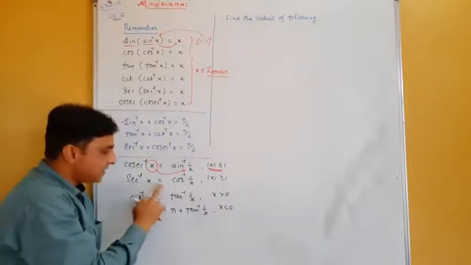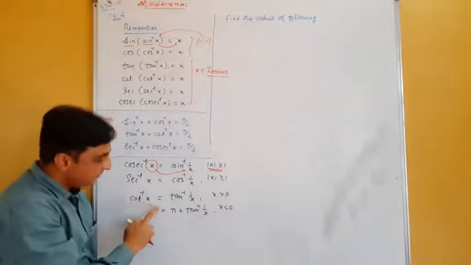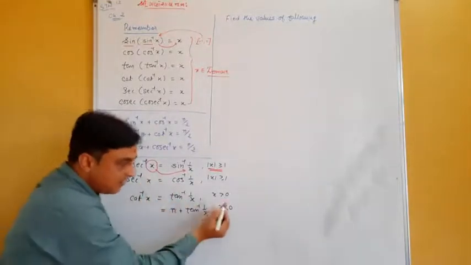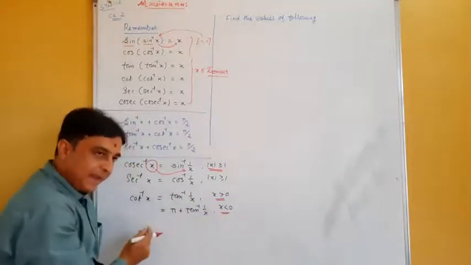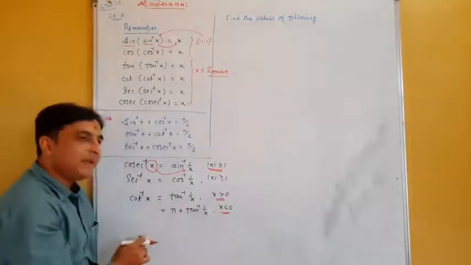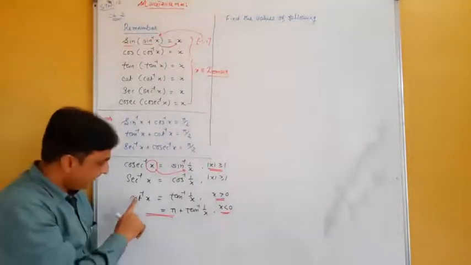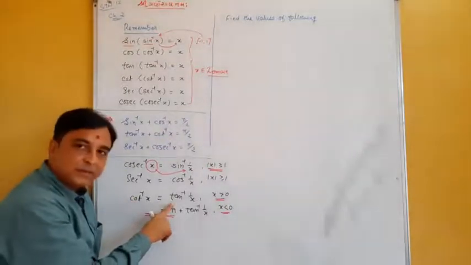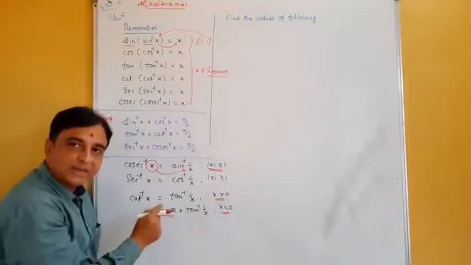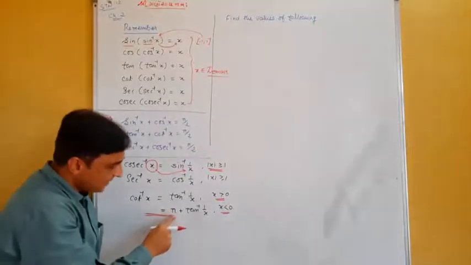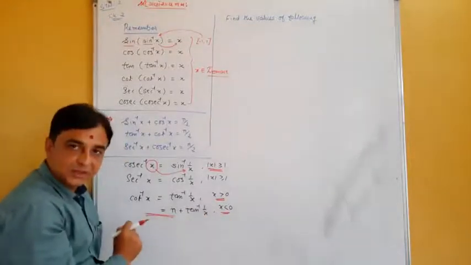Similarly, sec inverse x is equal to cos inverse 1 by x, and cot inverse x is equal to tan inverse 1 by x if x is positive, that means greater than 0, and it is pi plus tan inverse 1 by x for x less than 0. This should be remembered.